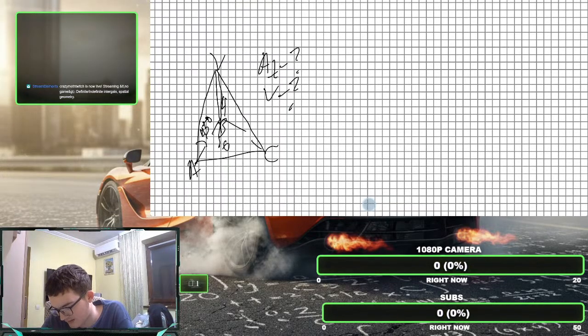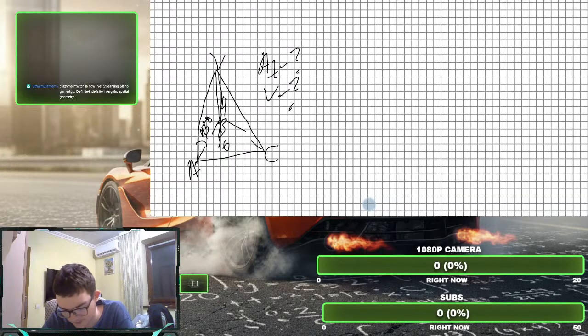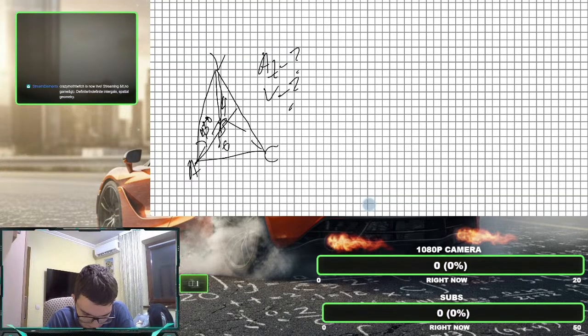Find the distance between A and the top of a base. What? Distance between the top of a base to the other. So essentially the distance from A to BCV.